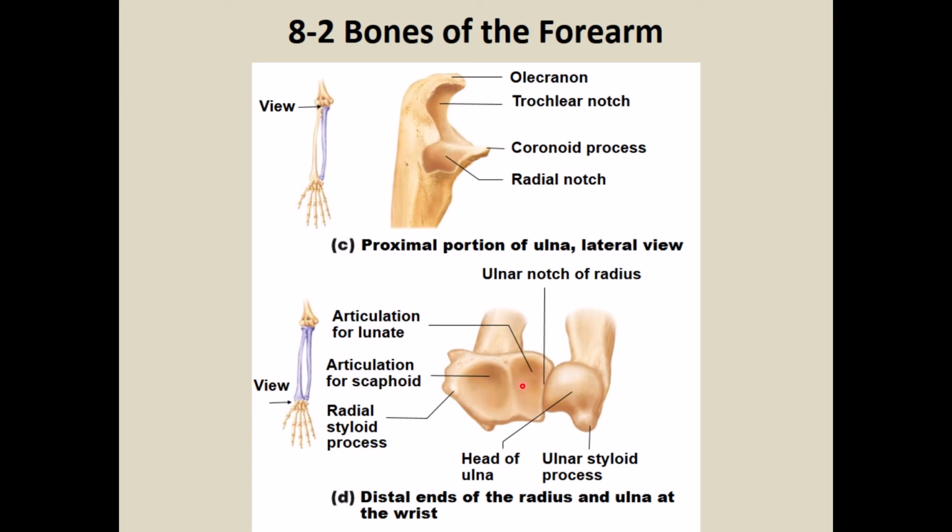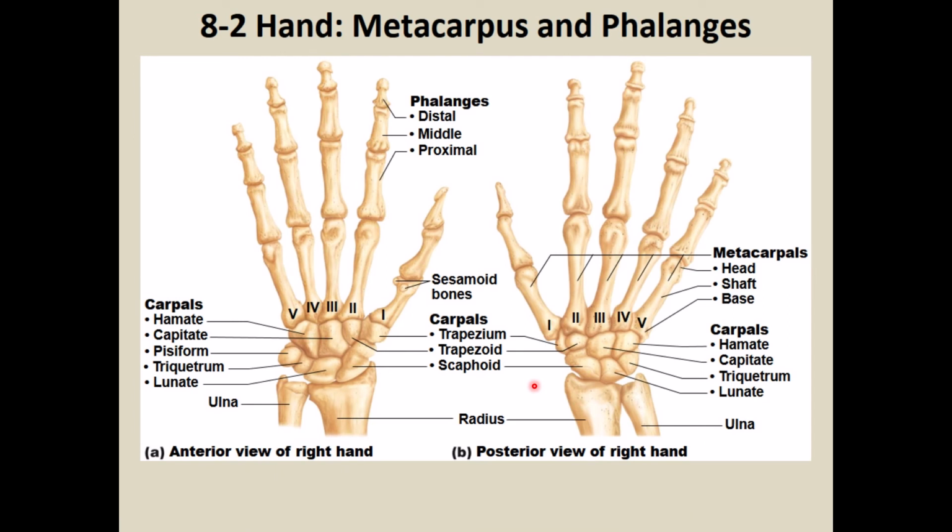You also have some articular surfaces. So this is for the scaphoid, and this is for the lunate. These are the two bones in the wrist. These are the bones of the hands and the wrist. So this is the anterior view, and this is the posterior view. Anterior view is a little bit different than the posterior view.